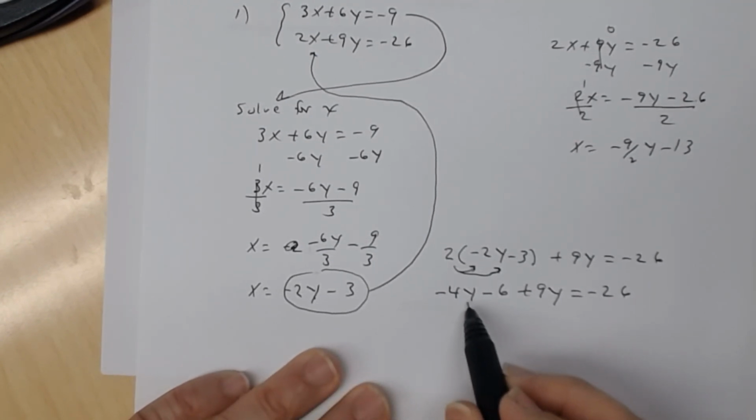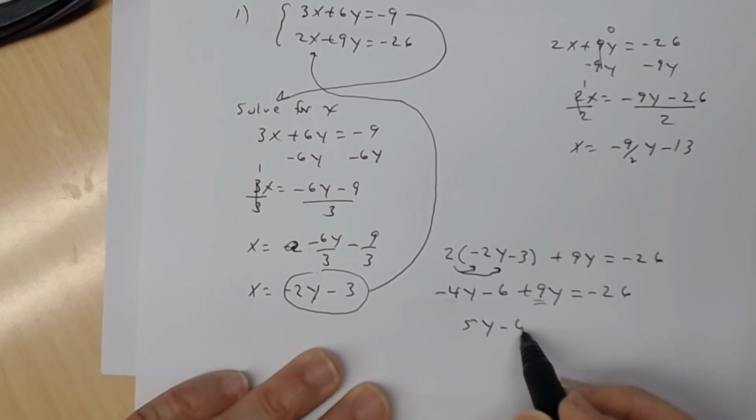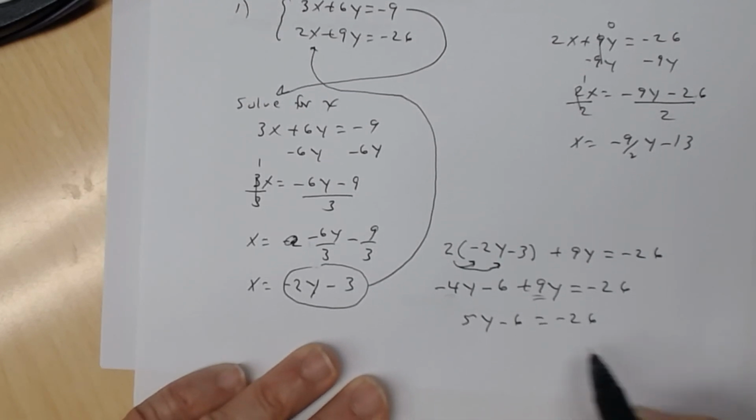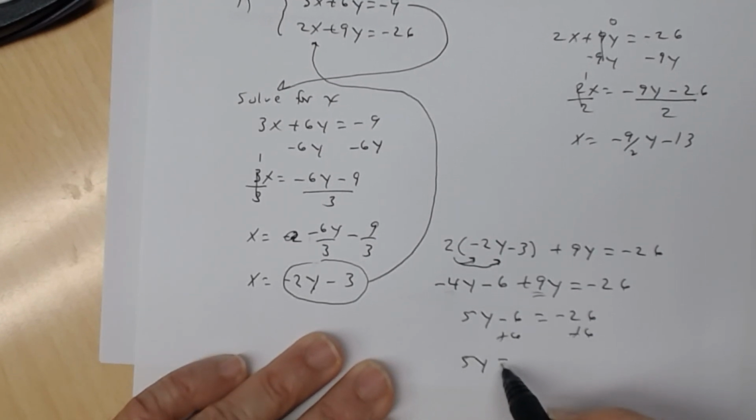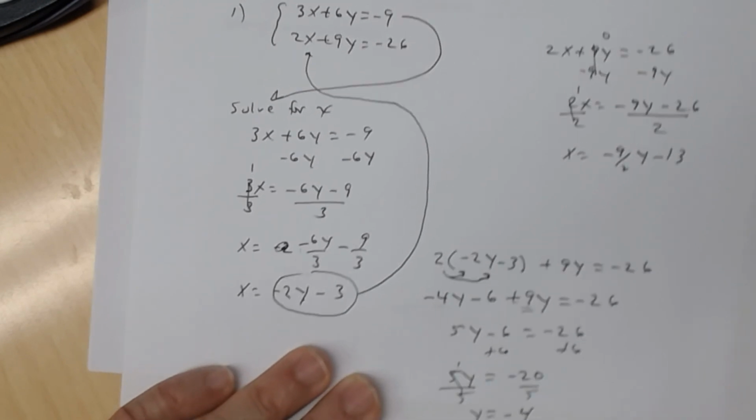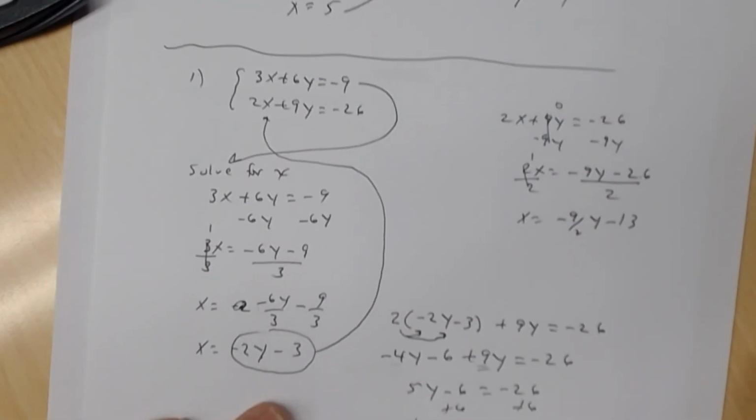Combine like terms: a negative 4y and a positive 9y is 5y, minus 6 equals negative 26. Adding 6 to both sides, I get 5y equals negative 20. Dividing both sides by 5, I get my y value is a negative 4. And that's what we had here, negative 4.